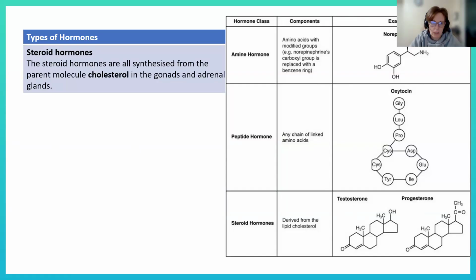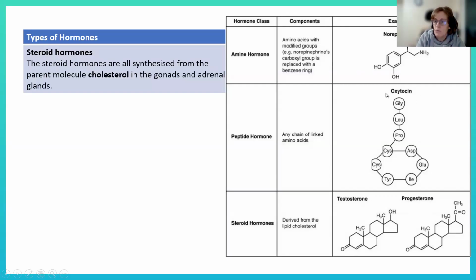So broad shoulders, deep voice, male pattern hair distribution, so chest hair, things like that, that women don't tend to get much of at all. Then progesterone, you might have heard of as part of the female monthly cycle, but also it maintains the uterus during pregnancy. So you've probably heard of testosterone and you've probably heard of progesterone if you're a woman, maybe not if you're a man, but these are probably quite familiar names.